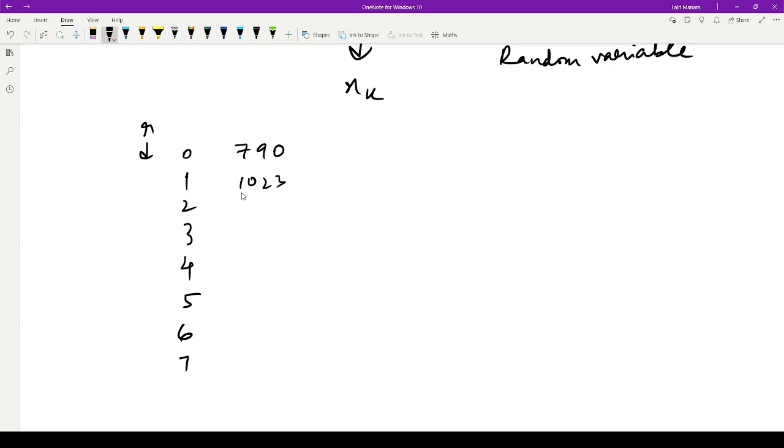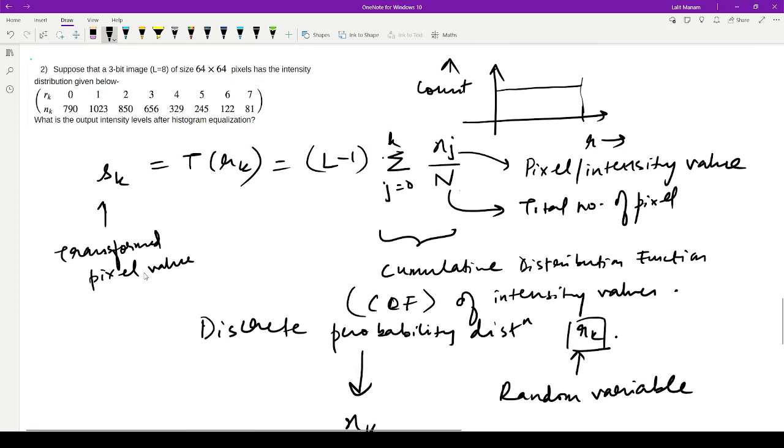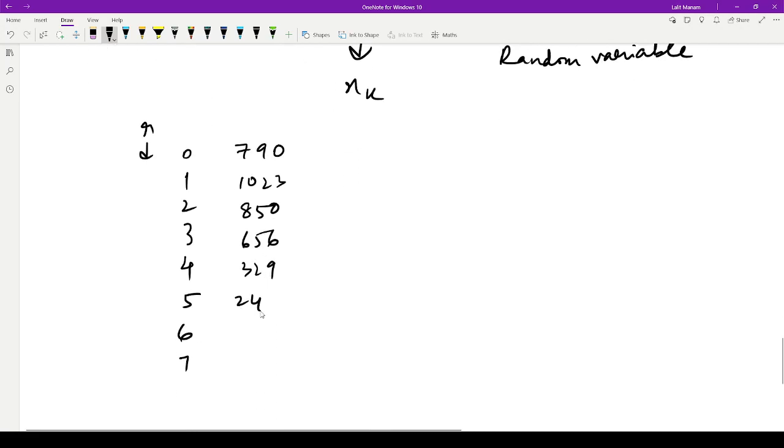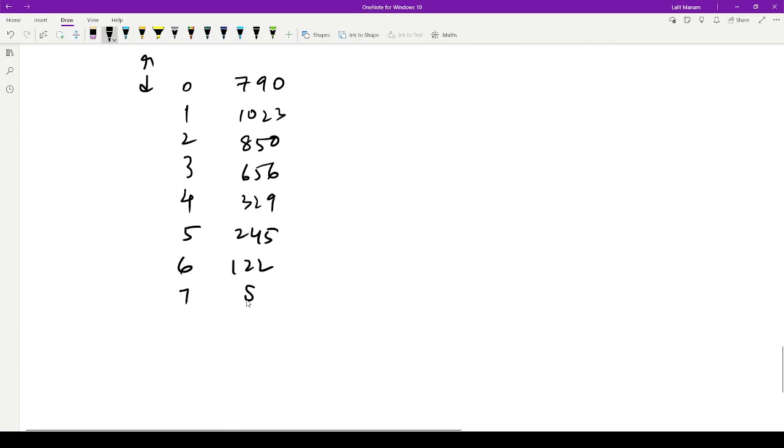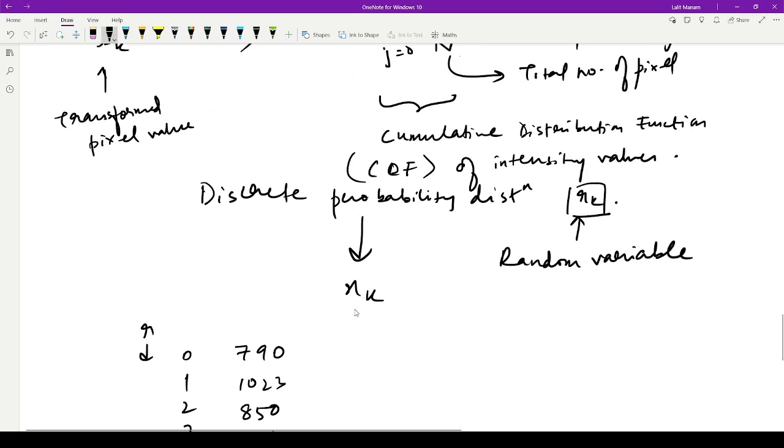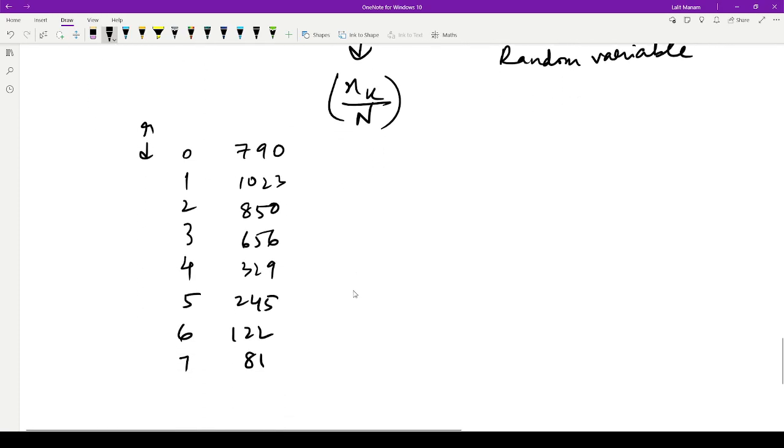What do we need to do? This value is the discrete probability distribution n_k upon N and not n_k itself. So we need to find this discrete probability distribution.